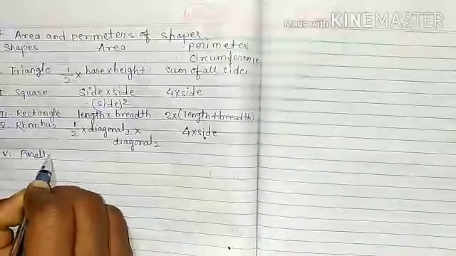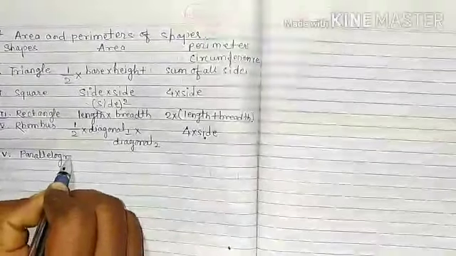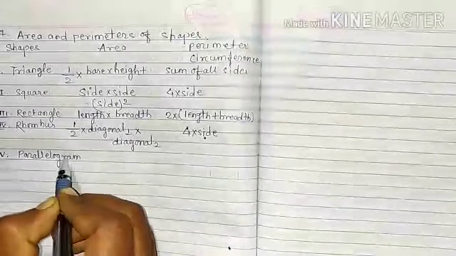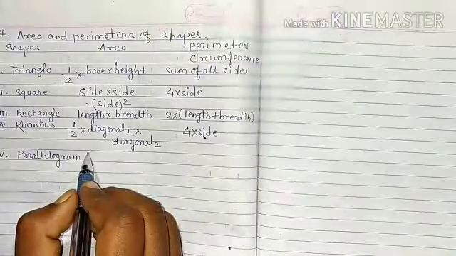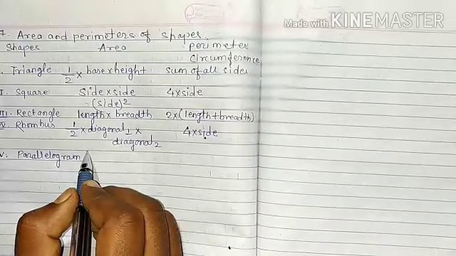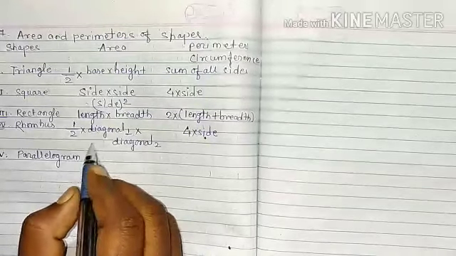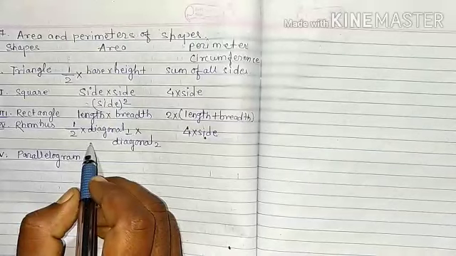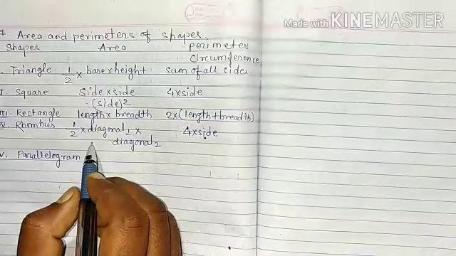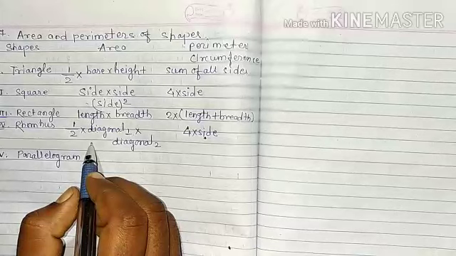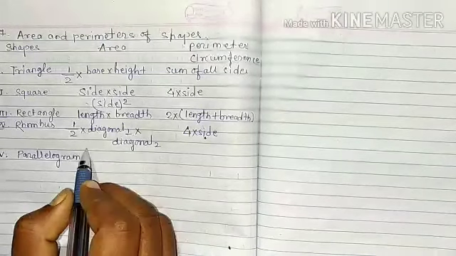Then fifth, parallelogram. In a parallelogram, opposite sides are parallel and equal, and their diagonals are not equal. Both the diagonals of a parallelogram intersect each other at the point of intersection.